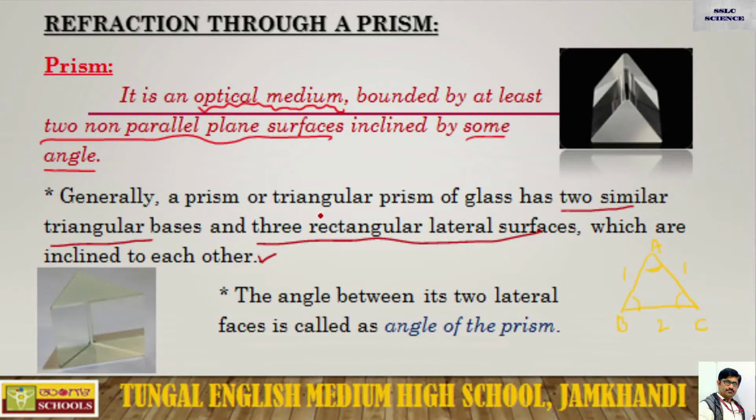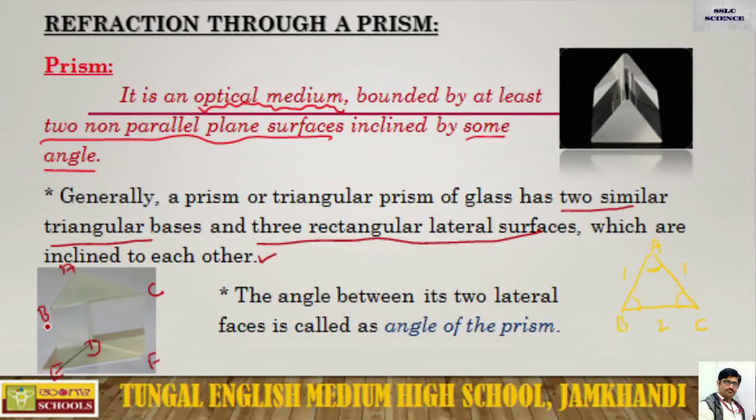Having two similar triangular bases, you may call this point A, this point B, and this point C. The point inside as D, this is E, and this is F. So the two similar triangular bases ABC and DEF, and three rectangular lateral surfaces.